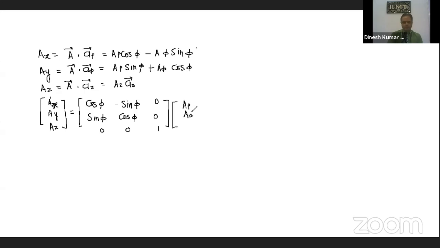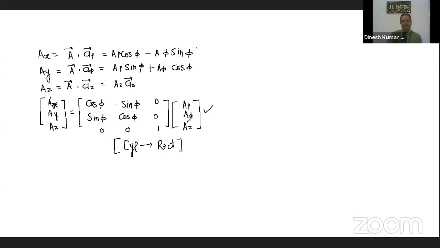A rho, A phi, and AZ. So this particular matrix will help us to convert a vector given in cylindrical coordinate system to rectangular coordinate system.